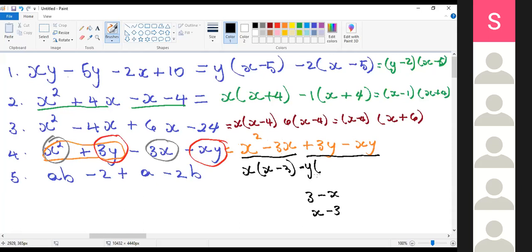Okay. So that way you would have a negative 3 here and positive x. This looks weird. Yeah, it's weird. Yes. It's the same thing, as long as the signs are correct.